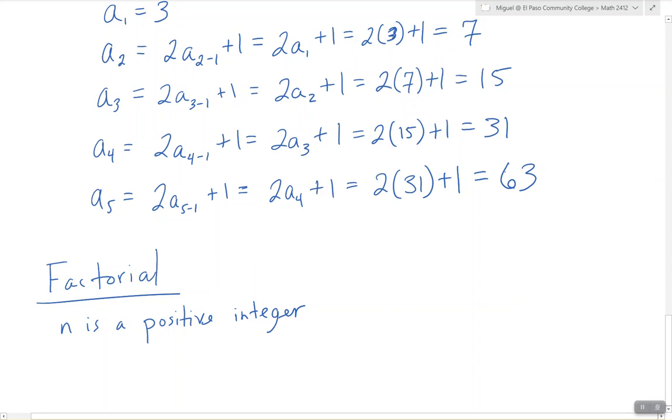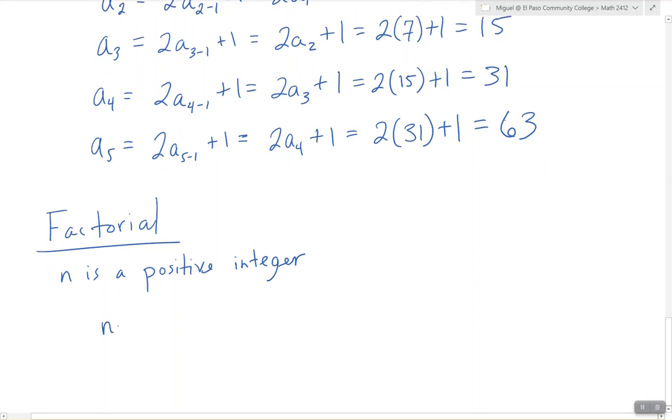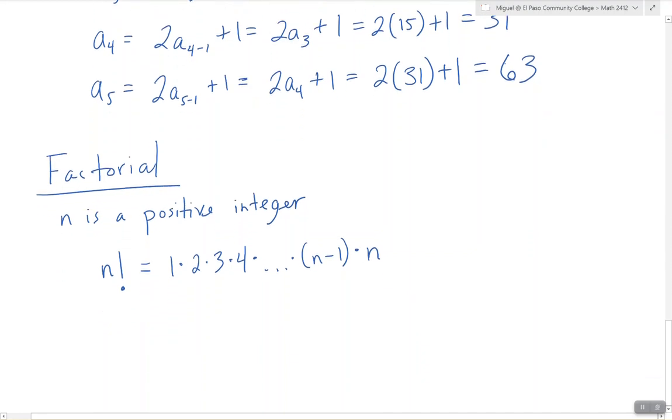The factorial symbol is when you see n with an exclamation point or a number with an exclamation point. And it means 1 times 2 times 3 times 4 all the way up to whatever n is. Right, so if, for example, 5 factorial would be 1 times 2 times 3 times 4 times 5.